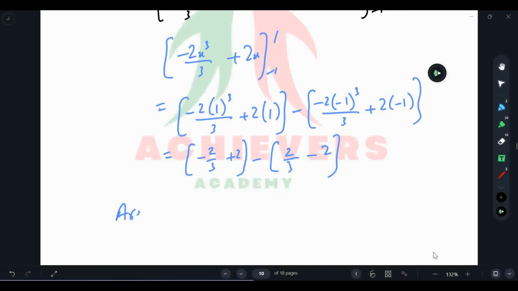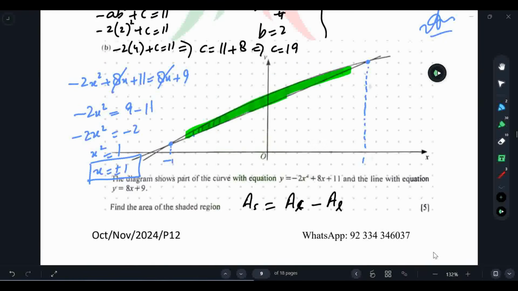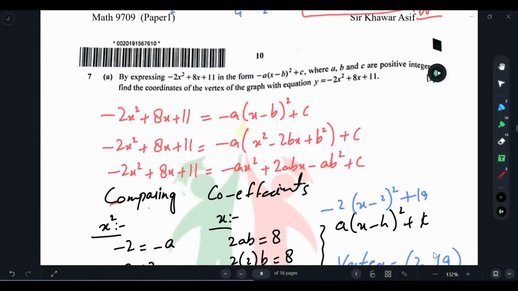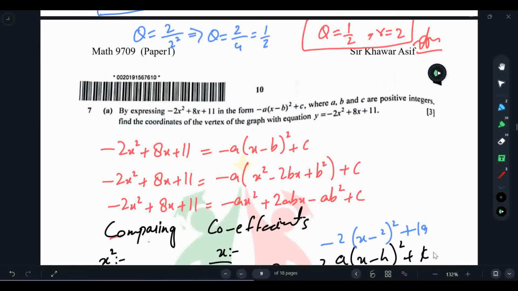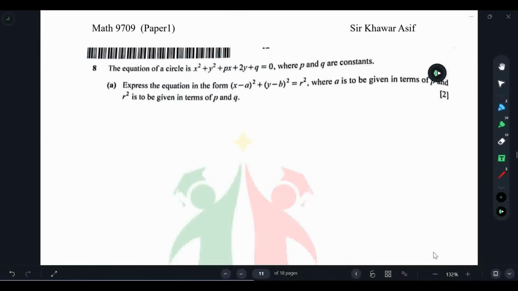So the area of the shaded region will be equal to 8 by 3. Okay, let me check the units first. Is there any units? No, there are no units in this one. So this will be the final answer for this question.